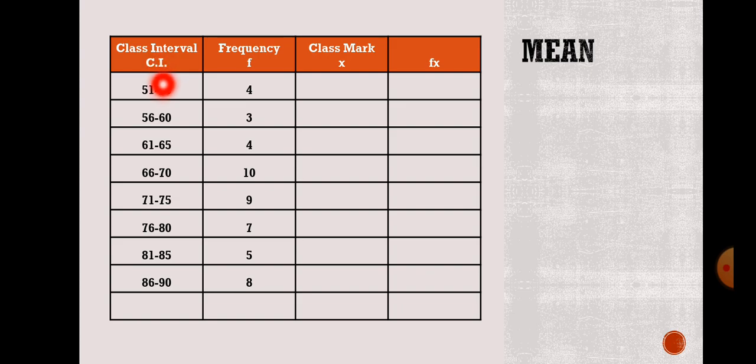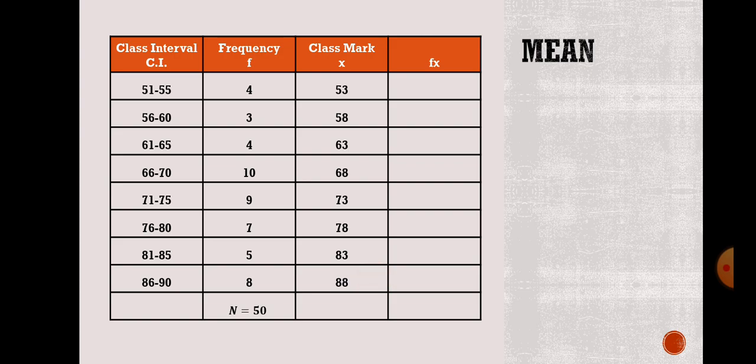For example, for 51 to 55, we have 51 plus 55 divided by 2, that would be 53. 56 plus 60 divided by 2 will be 58. 61 plus 65 divided by 2 would be 63, and so on until the last value of the class marks column, which is 88.